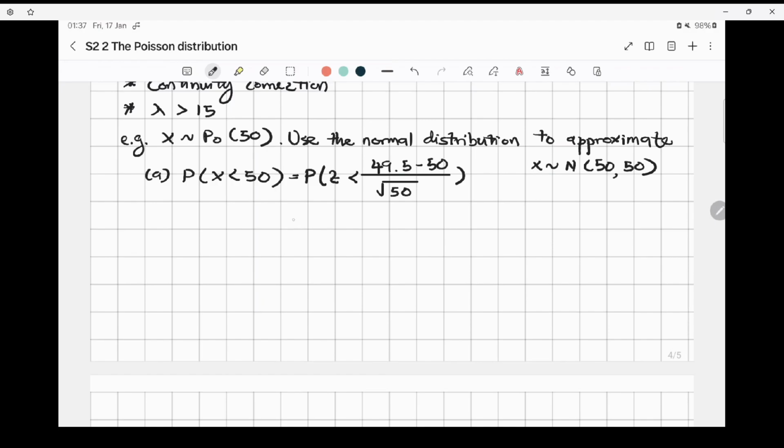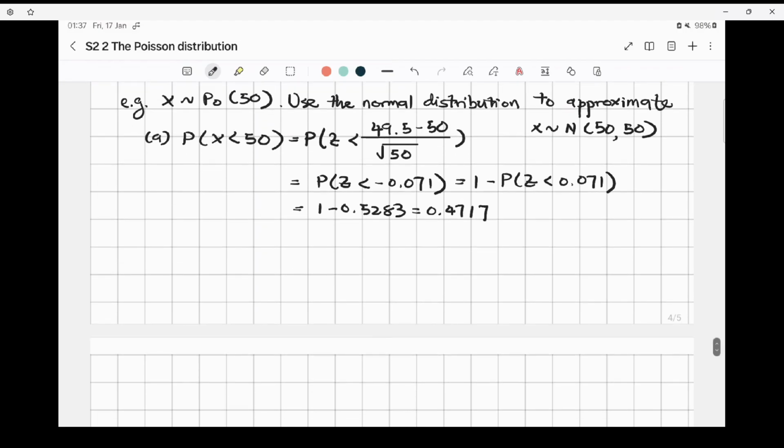If you calculate this, this is P(Z < -0.071), or you can convert it to Z smaller than 0.071. So this is eventually 0.4717. I would assume that you already know the procedure.